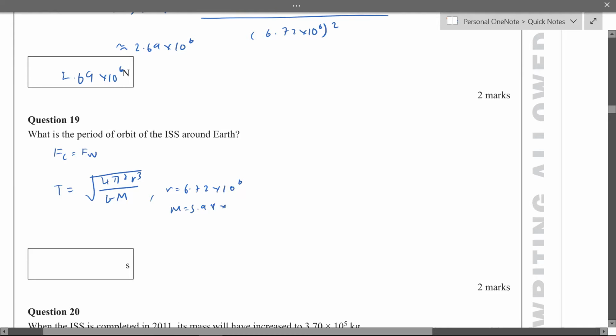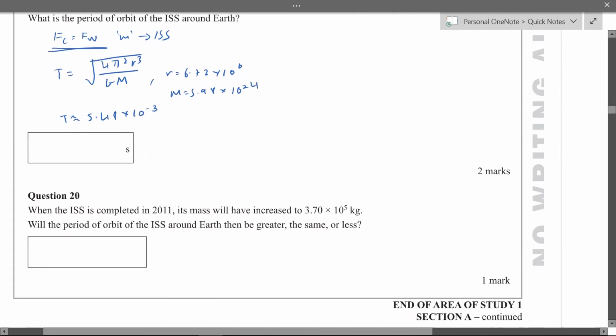M is again the mass of the Earth, because once you equate them, the little m, the International Space Station mass, will cancel. You get T is 5.48 times 10 to the negative 3, which seems really small. Let me double check that that's correct. I'll just move on to the next question.